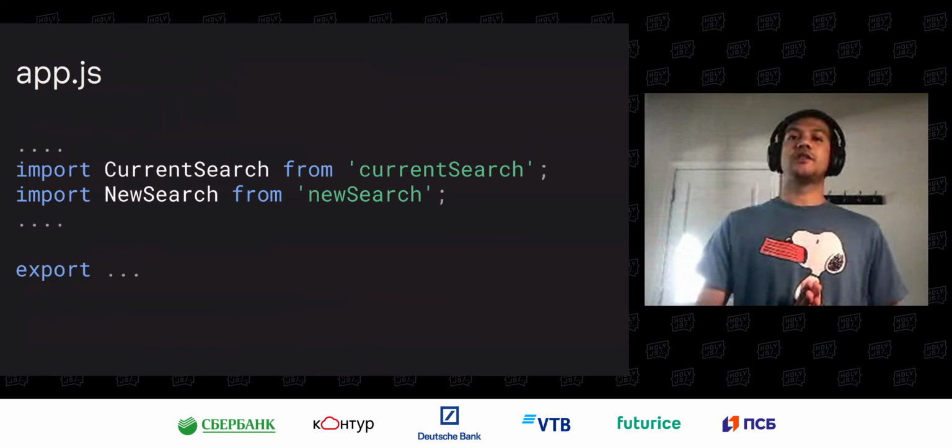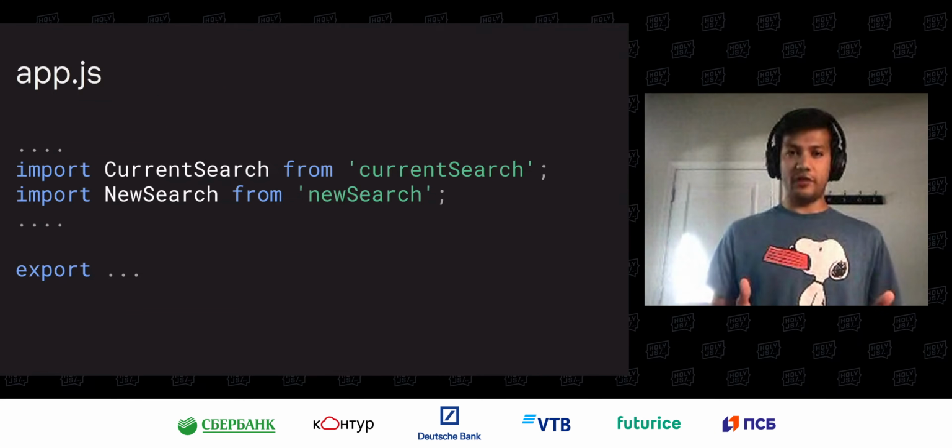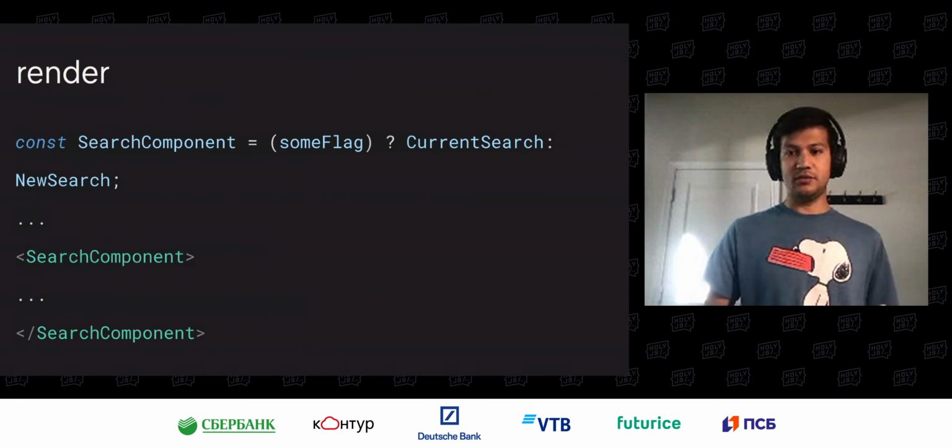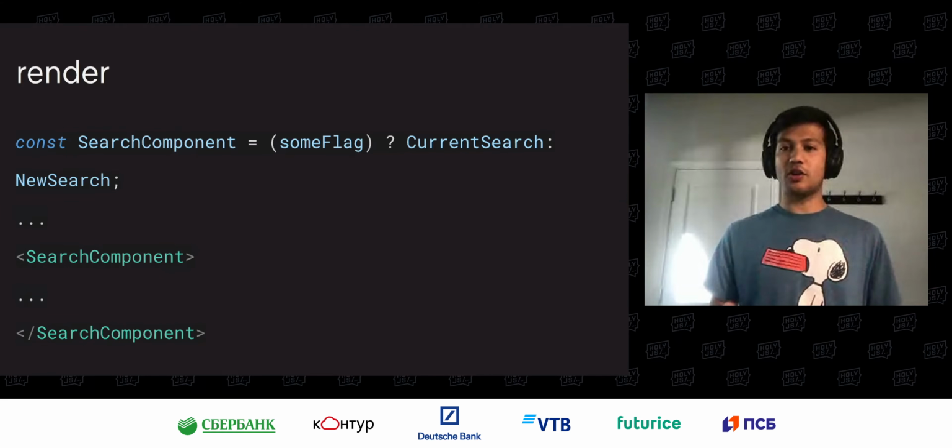So you can imagine how people write code for this. So most developers, what they will do is they will import the current search component and they will import the new search component. Pretty standard. And then somewhere in the render function, based on a Boolean flag, you just display one of the search components, right?